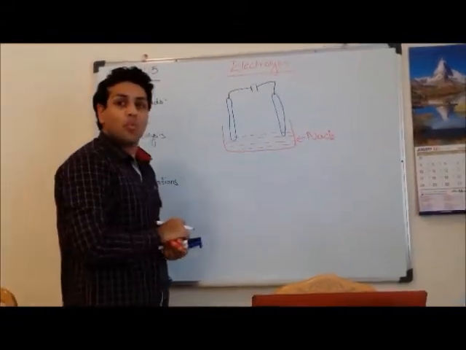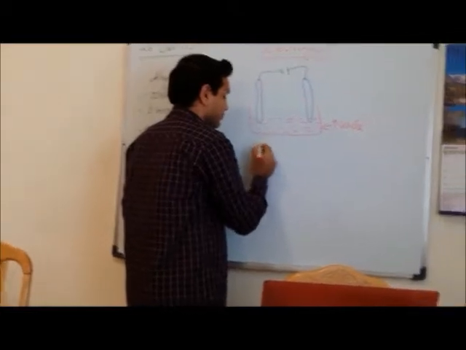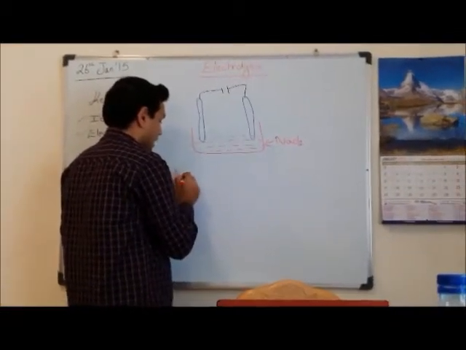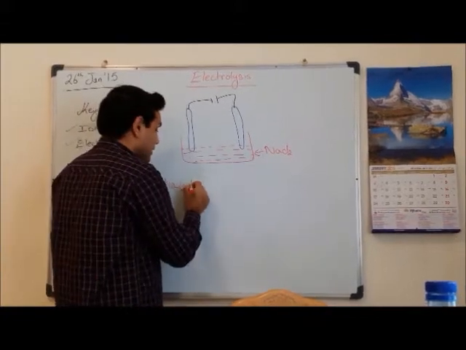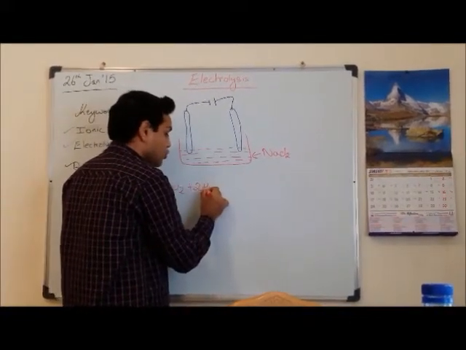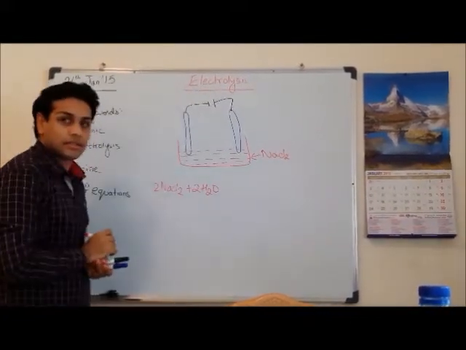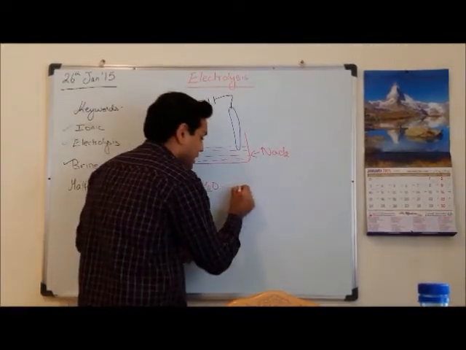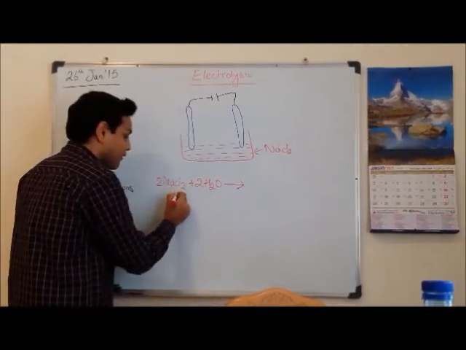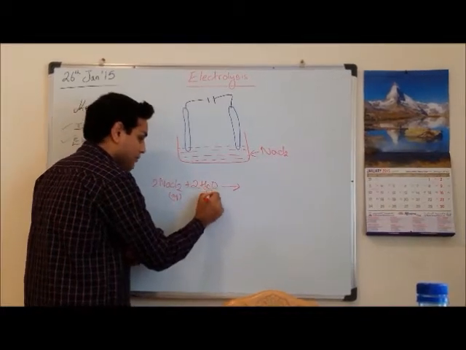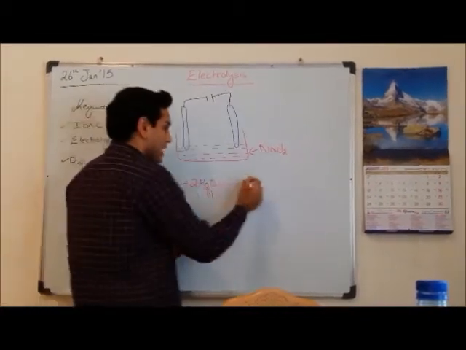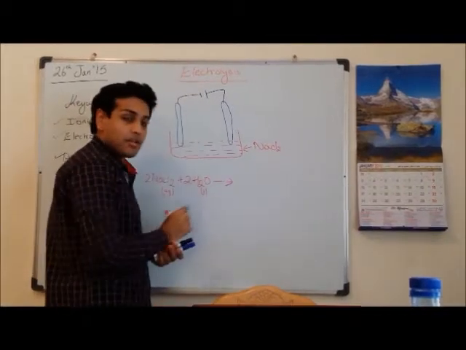In this solution, we have NaCl plus 2H2O, water, in the form of liquid or aqueous, and we get as a result sodium hydroxide, chlorine gas and hydrogen gas.